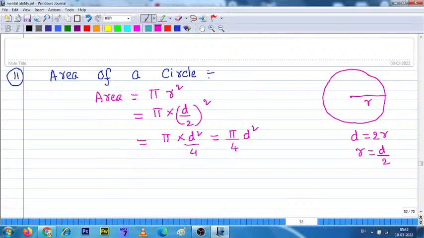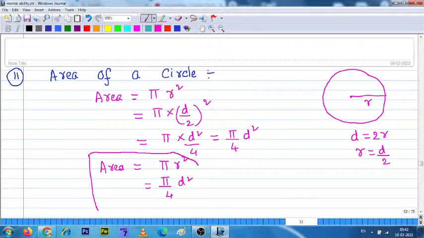So the area of the circle is given by... వృత్తం యొక్క వైశాల్యానికి సూత్రం ఏంది? వ్యాసార్థం ఇస్తేనేమో pi r square రాసుకోవచ్చు. అదే next diameter ఇస్తే pi by 4 times d square. So ఇది గుర్తుపెట్టుకోండి. This is very important. వృత్తం యొక్క వైశాల్యాన్ని రెండు రకాలుగా కనుక్కోవచ్చు.